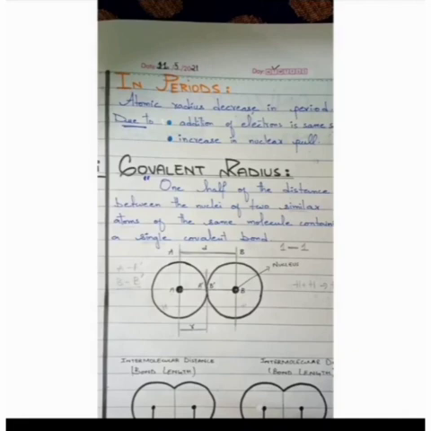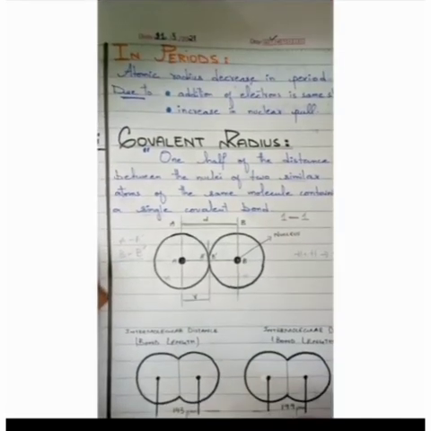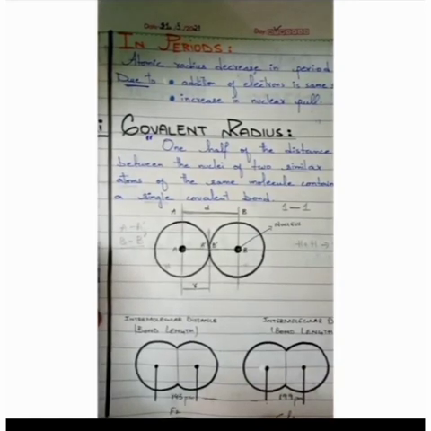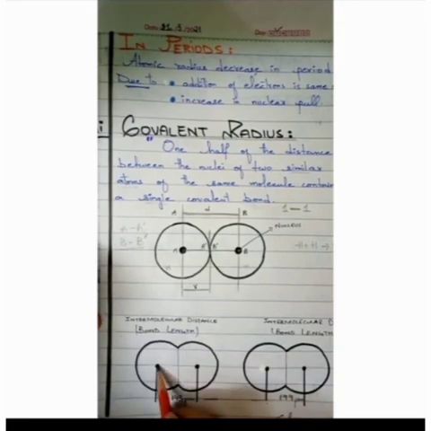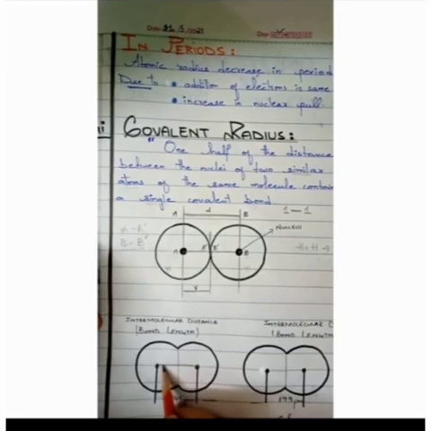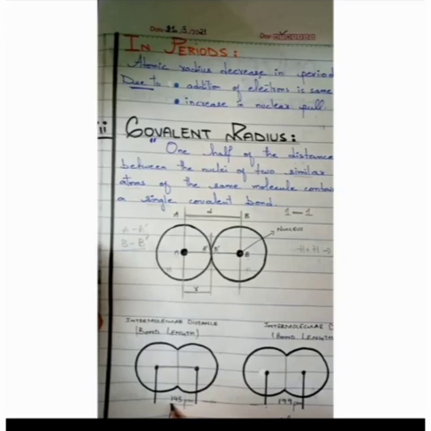Okay, on page number 73 of your book, there are some examples of halogens, showing how we can measure 1/2 of the distance, or covalent radius. Here is a structure of F2, that is fluorine. The distance from this point to this point is the bond length between two similar atoms, that is 143 picometer.